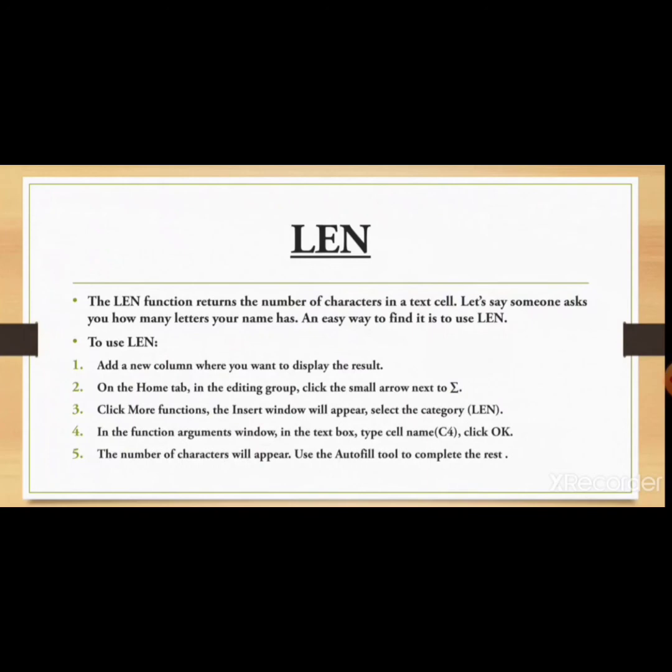Click OK. Step number 5. The number of characters will appear. Use the autofill tool to complete the rest of the options. So students, we have learned about 5 functions, that is count, today, now, concat or concatenate, and len.